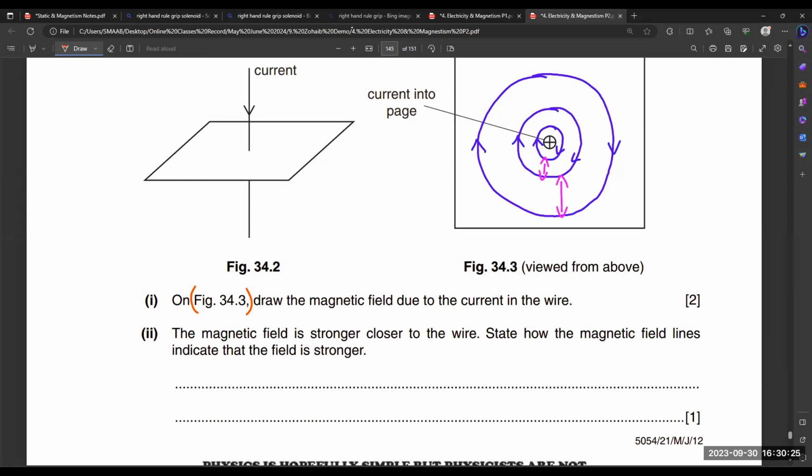The magnetic field is stronger closer to the wire. State how the magnetic field lines indicate that the field is stronger. So if your field is stronger, how can you identify it with the help of the magnetic field lines? Can you answer that one?